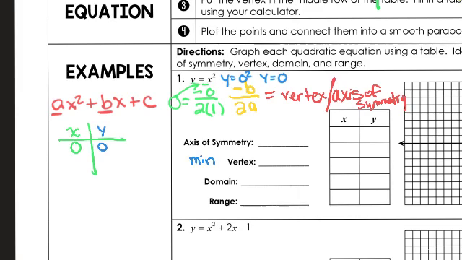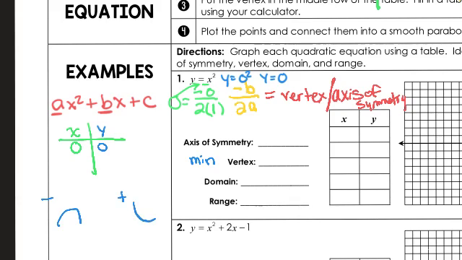Now, how did I know that it was a minimum and not a maximum? Because it's a positive equation. Remember, Mr. Gattani reviewed with you last time that when it's a negative quadratic equation, if it was y equals negative x squared, it would open downward. This is negative.